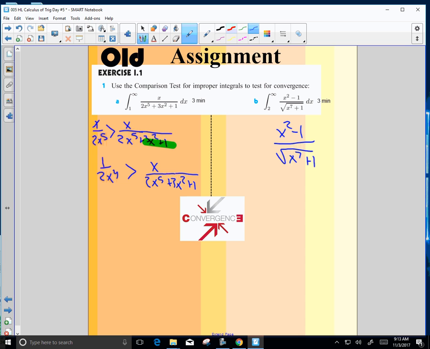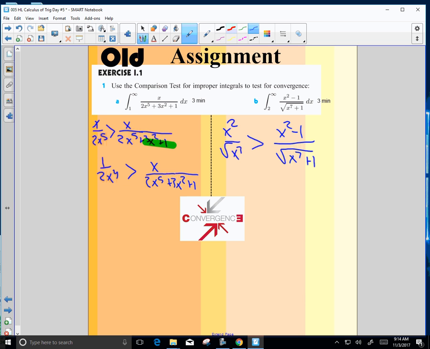We'll get rid of the 1 and just leave x squared, get rid of the 1, square root of x to the seventh. Which is going to be larger, the one on the right or the one on the left? With this extra here, it's going to be larger on the left. So this is going to be greater.